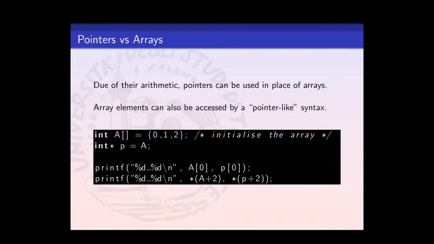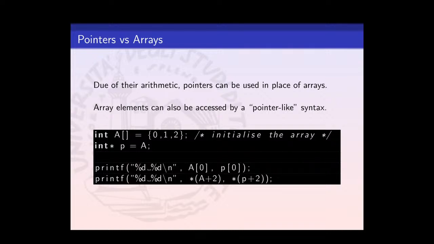By using the second line, we are assigning the content of the variable A, which I recall to you is the address of the array, to the pointer P. So P is a pointer to an integer value, and we are assigning this variable P with the content of A, which is the address of the array A. Okay?